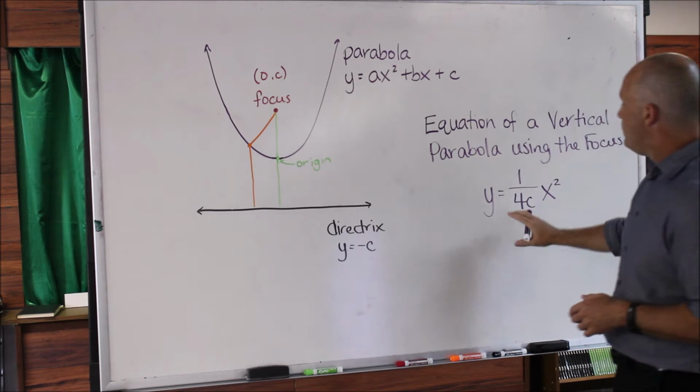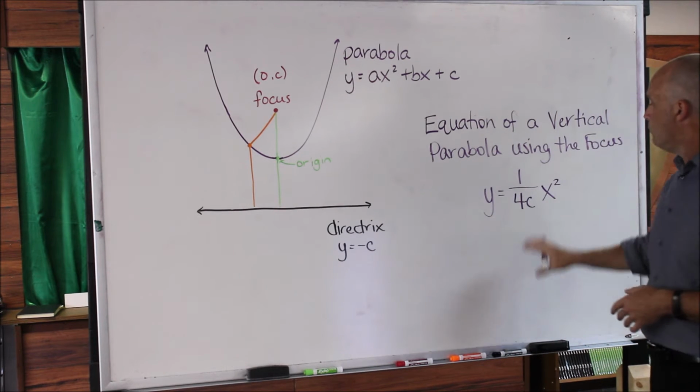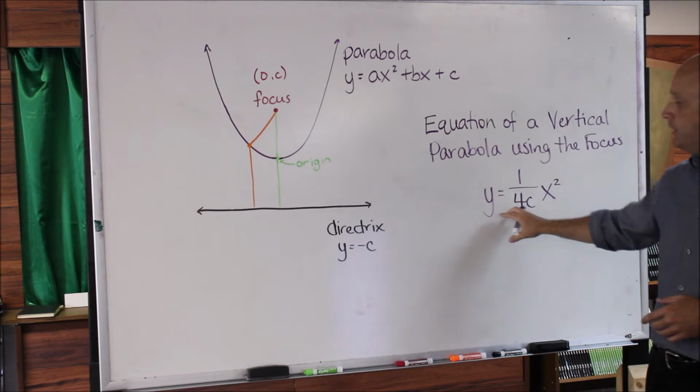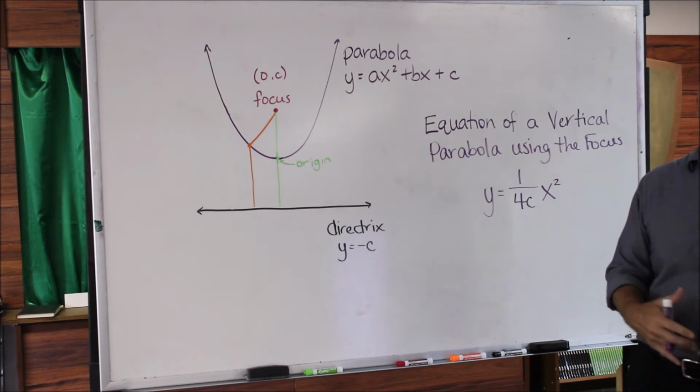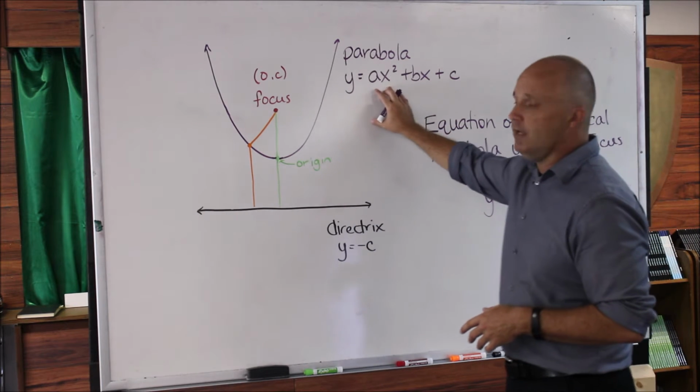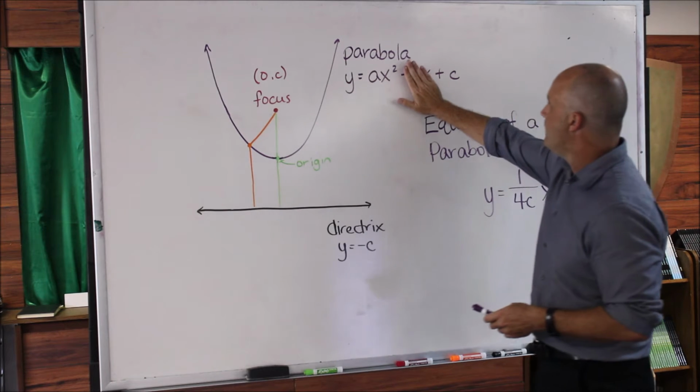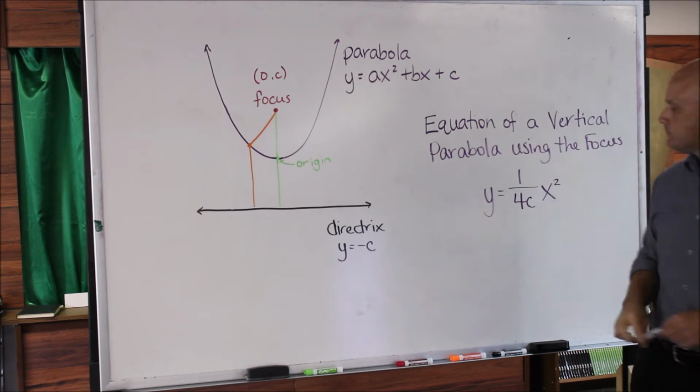Now, we do have another formula that we need to introduce, and this is y equals 1 over 4c times x squared. So again, we've got basically something in our standard form. We're just not worrying about the bx and the c here.